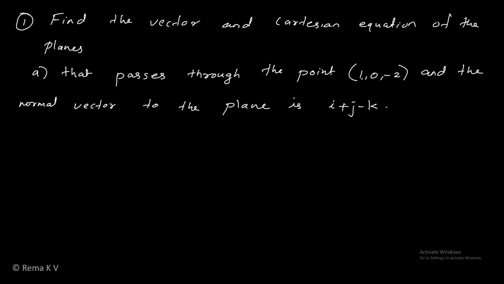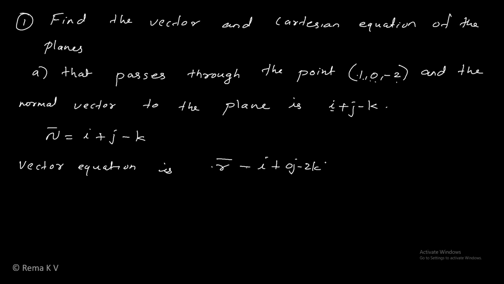So here the point is given as 1, 0, minus 2. That is x1, y1, z1. Normal vector is vector n, which is given as i plus j minus k. So the vector equation we can write as (vector r minus vector a) dot n equals 0. a means the position vector of the given point, so vector a is i plus 0j minus 2k.